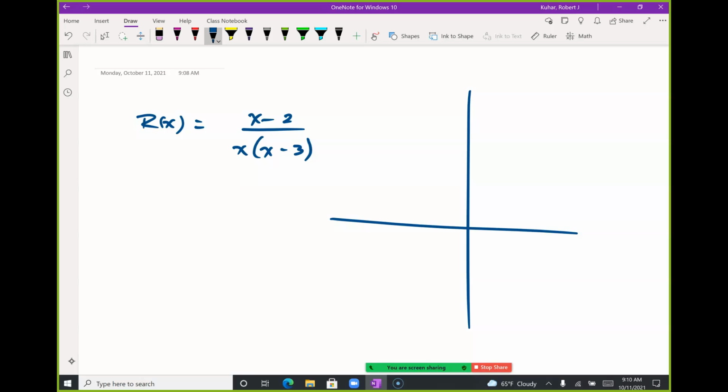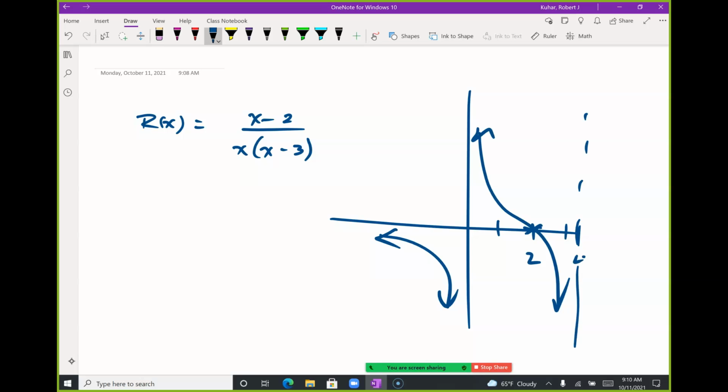But I can clearly see points and pieces of like a 1 over x kind of deal, right? And so look at the inequality that they want. They want r of x less than 0, right? So for me, how I say that, I say it as I want places where the graph is underground and not touching the ground.